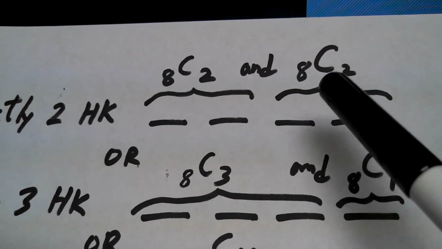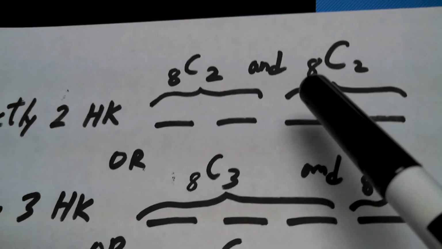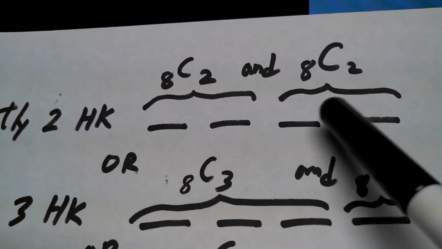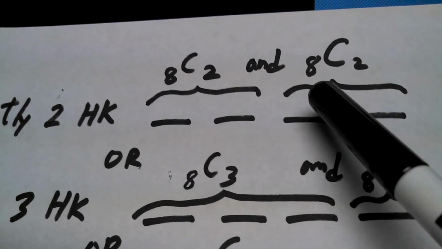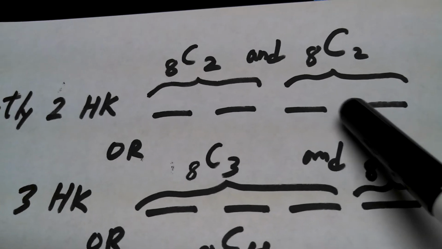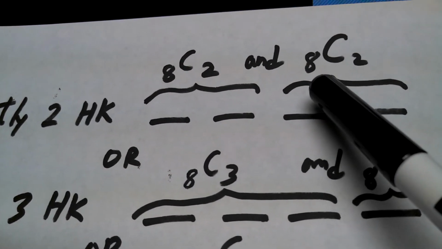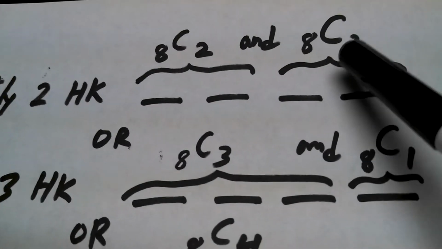There were 3 desk clerks and 5 maintenance workers, which makes a total of 8, so we have combinations of 8 things taken 2 at a time for these 2 slots also.